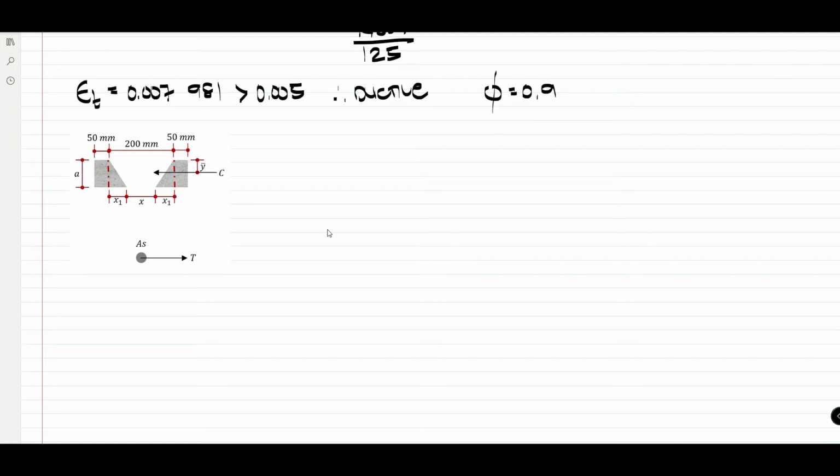Syempre, pag nakuha kasi natin yung centroid nung compression block natin, doon dadaan yung compression force. So, ibig sabihin, kung may compression force tayo at may tension force tayo dito, ibig sabihin, makakakuha tayo ng moment arm na makakapag-produce nung ultimate moment natin or the nominal moment muna.